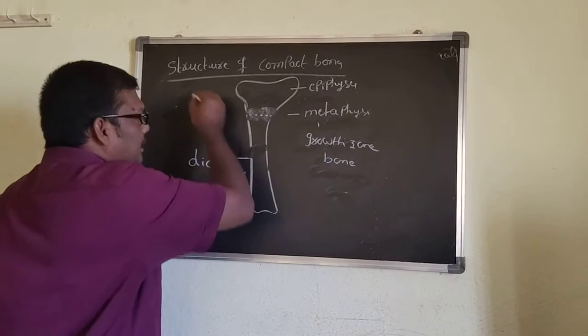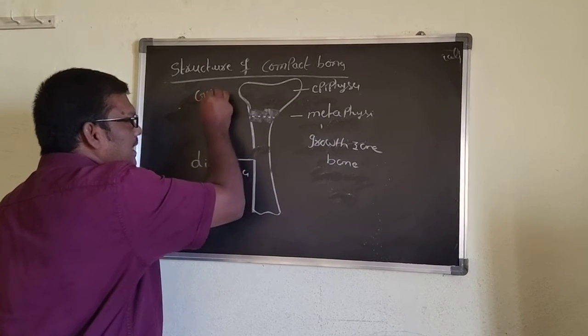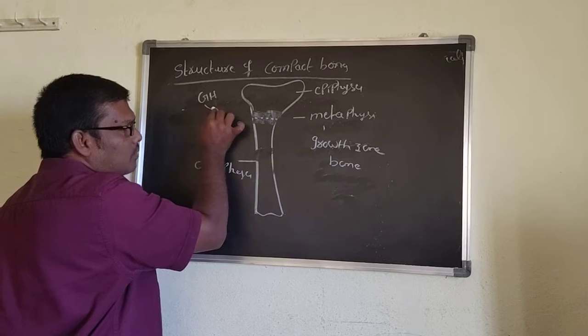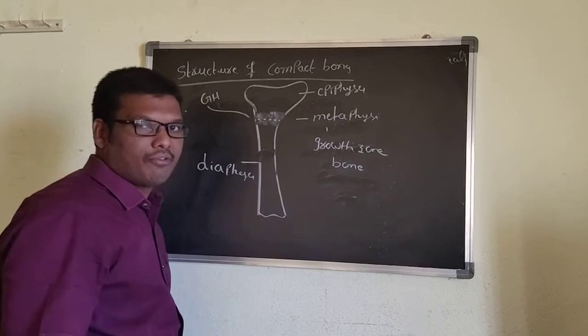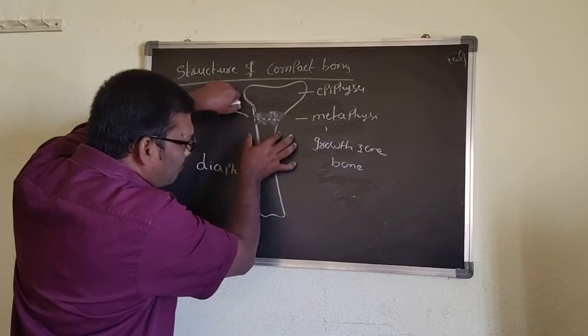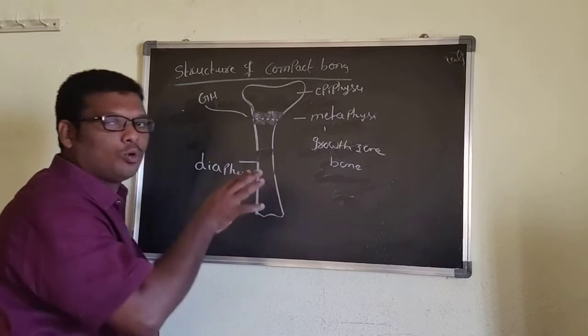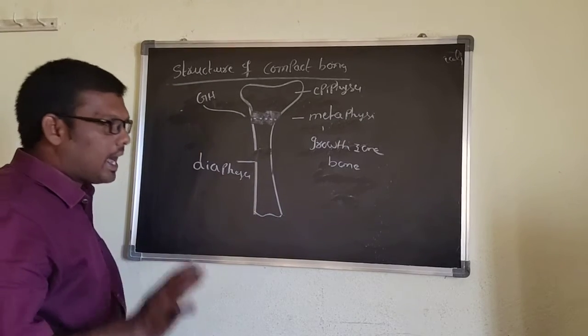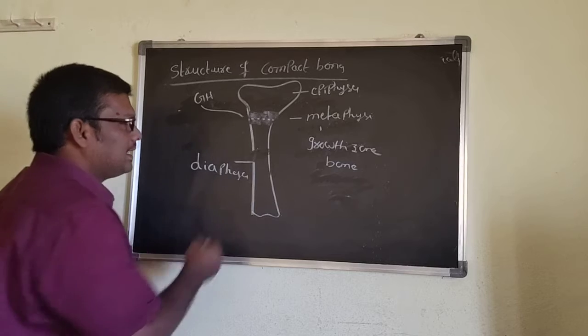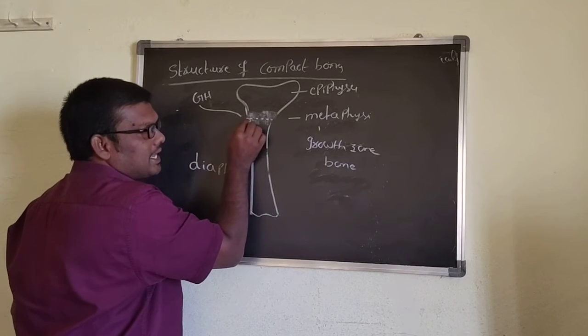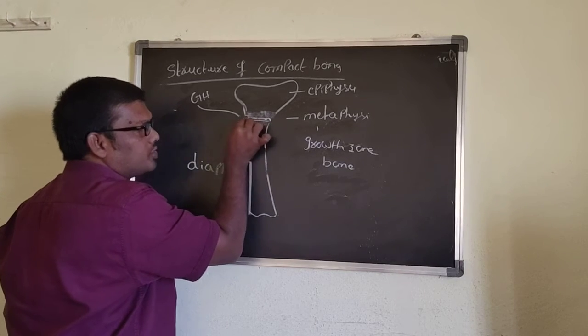In our body, growth hormone is released. This growth hormone can stimulate the metaphysis. At that time, the bone is elongated and growth takes place. In adult condition, the epiphyseal plates will be closed.